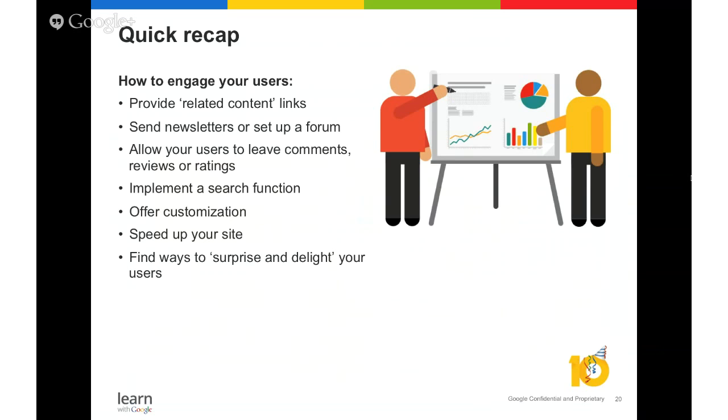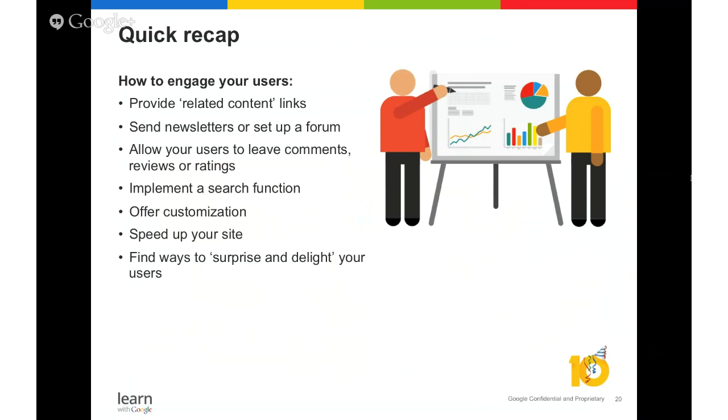So then when we're thinking about getting your users to engage with your site, you can provide a related content section. You can send email newsletters, have a feed, set up a forum. You can allow your users to leave comments, reviews, or ratings.